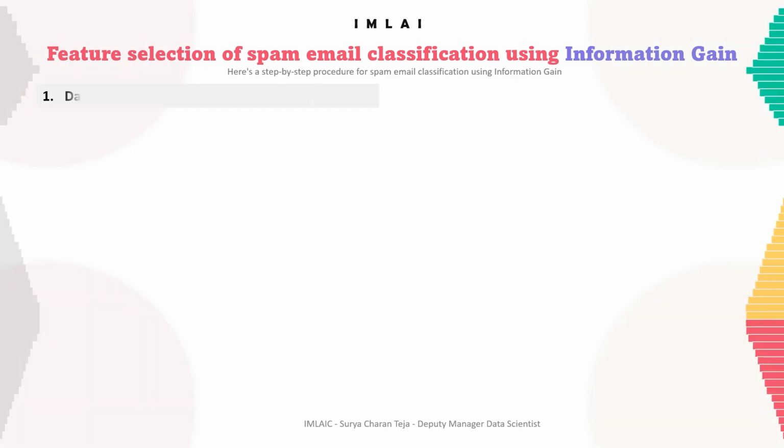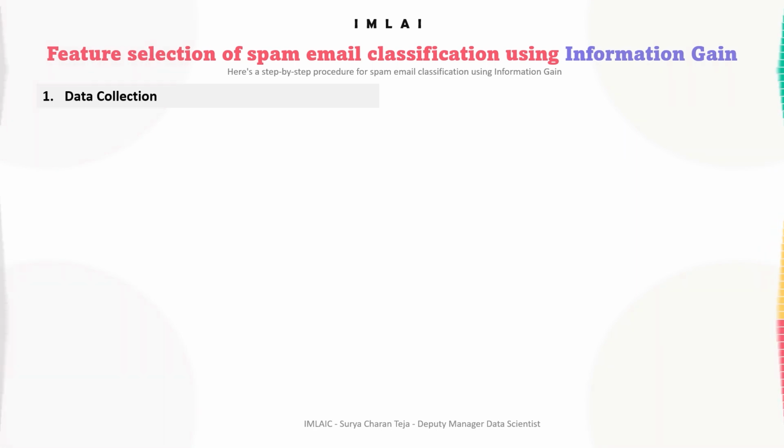Let's begin with data collection. Collect a data set of labeled emails where each email is tagged as either spam or legitimate. The data set should include the email content as the input feature and the corresponding label.